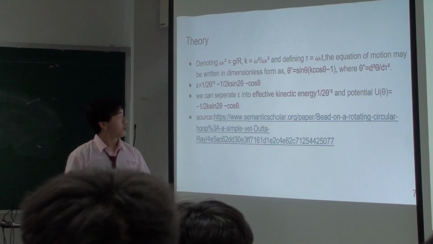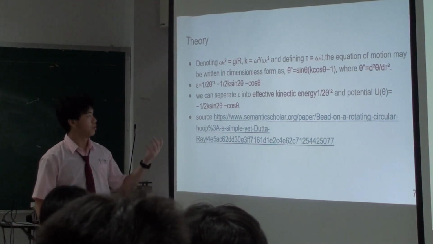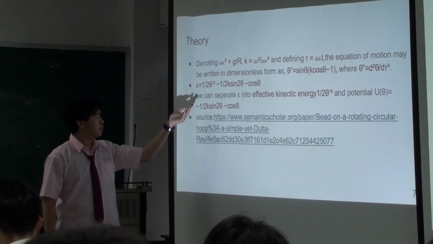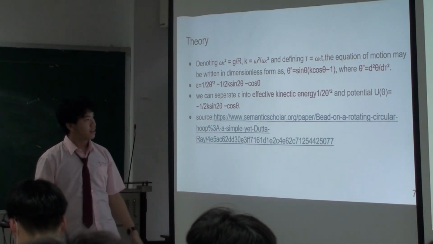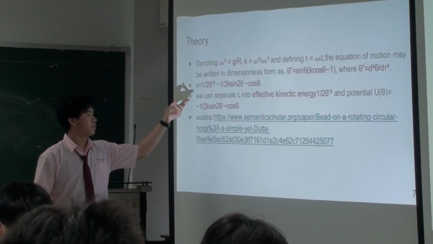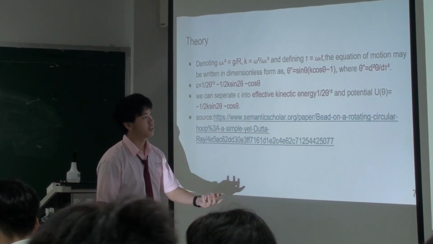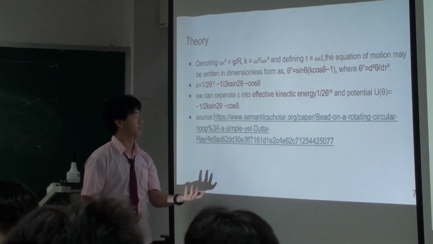And so we can have something which will look like this as an effective energy epsilon, and it will equal this. And this will be a constant, which we could see by previous calculations.